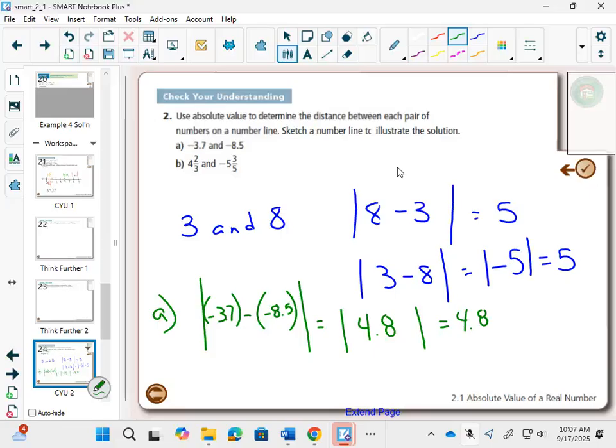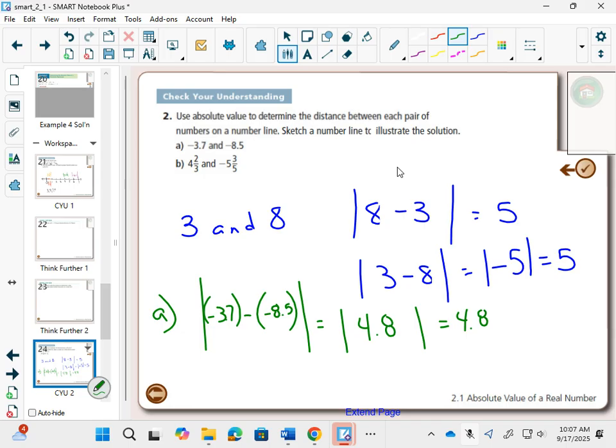Because if I change every negative into a positive, I will have 3.7 plus 8.5 and I will get the wrong answer. You can't change things to positives early. It'll cause mistakes. So that's an important little thing here.